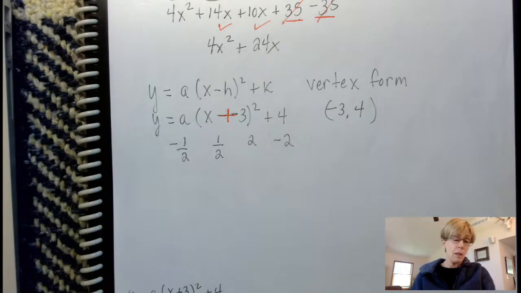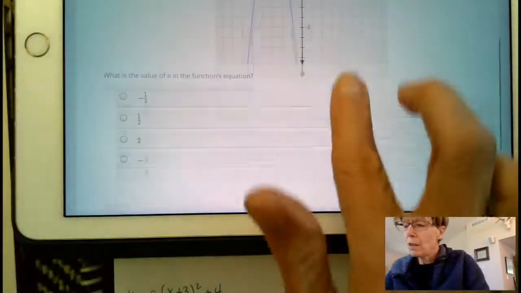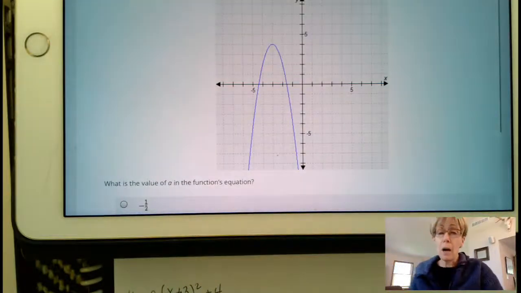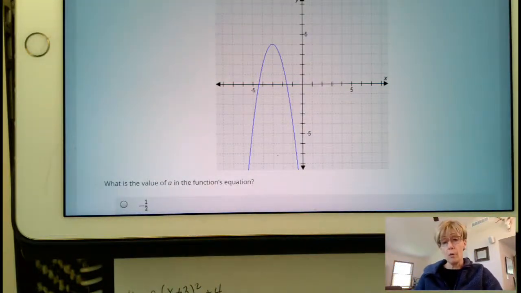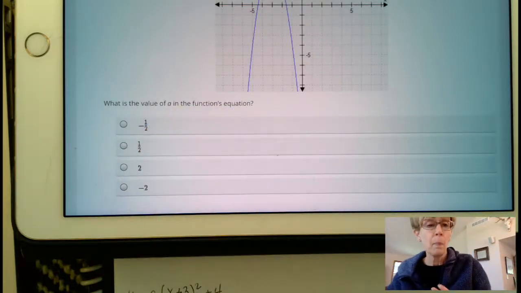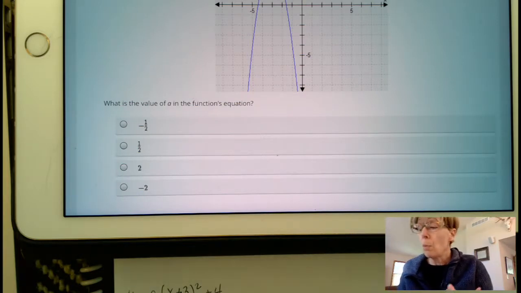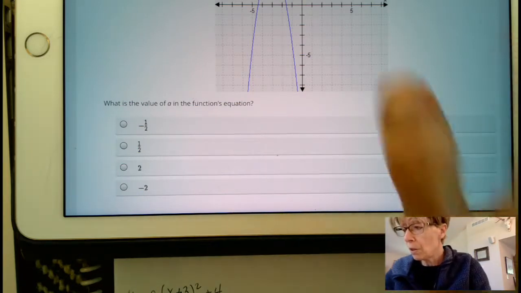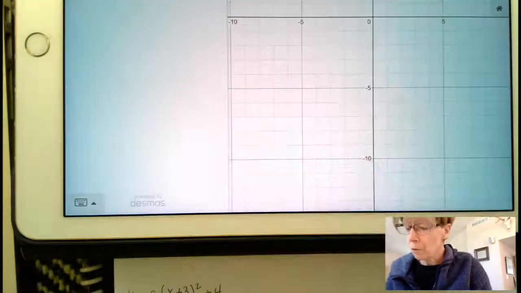Now, if you're really thinking about things, this picture is an upside down quadratic, which means that a needs to be negative on this. But if you don't know that, you'll be able to tell when you type it into Desmos. So we come over here to Desmos, and we're going to type that in.